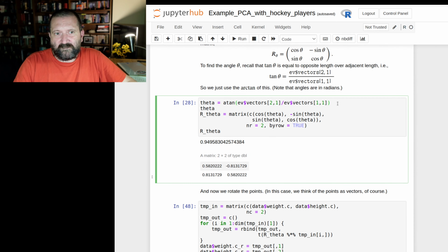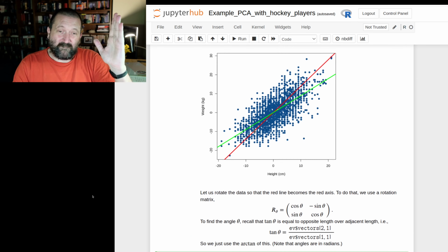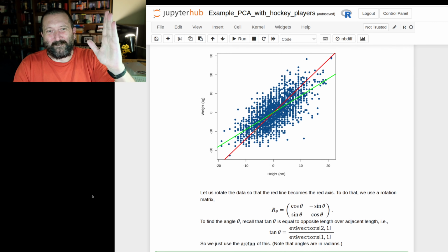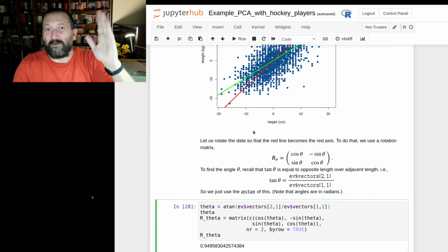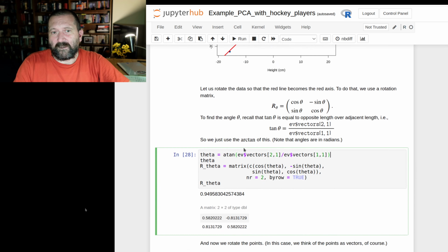Okay, and this is what I do here. You can see that the angle is 0.94, so it's a little underneath pi over 2. So we need to rotate by a bit under pi over 2. We need to rotate by this angle in radians to make this red line horizontal. Okay, this is our aim here.